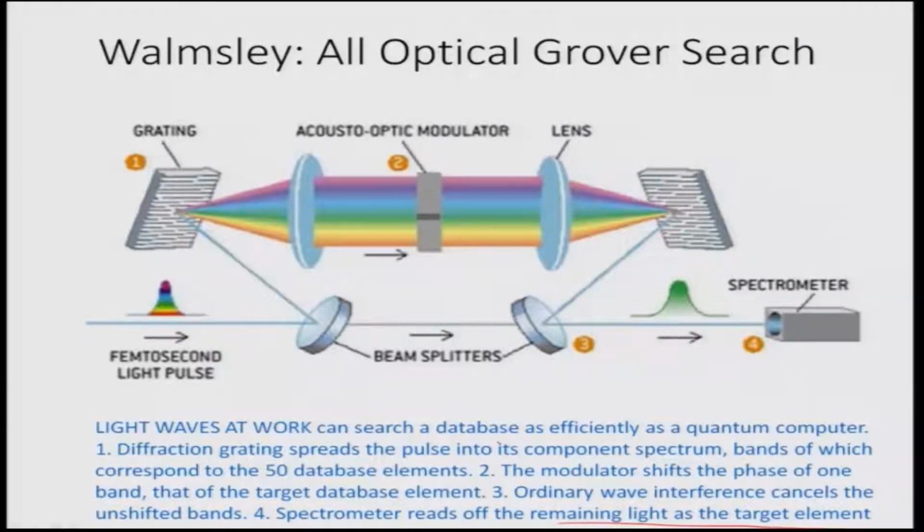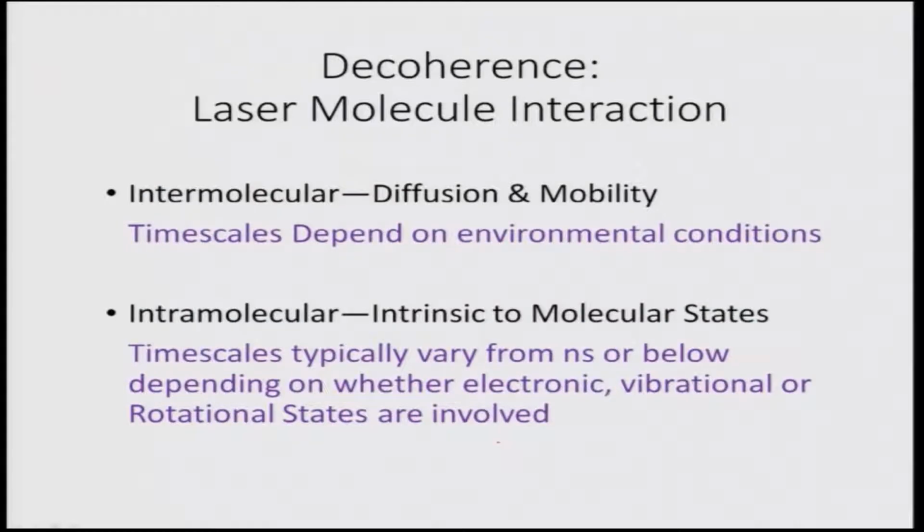However, this is all classical as I just mentioned, and so in terms of using the light wave, it is just acting as a wave which is using the superposition of the states of the information content in the system. A much more interesting problem to be looking at in terms of these interactions is the problem of decoherence, which we discussed in the earlier case of interactions for ion traps and NMR and other principles.